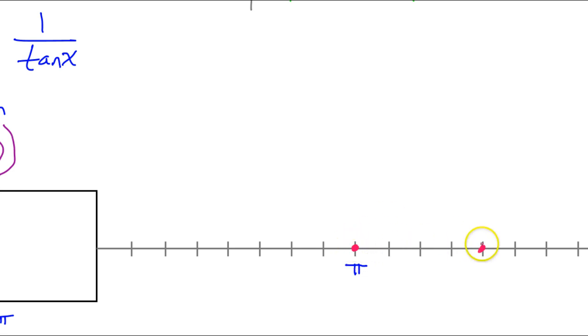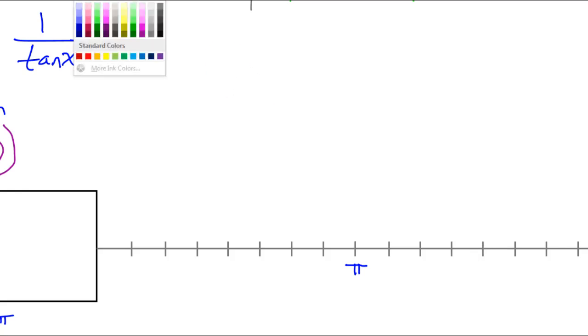Instead, they will be asymptotes, because this is where tangent is 0. And if tangent is 0, then 1 over 0 is undefined, so that's an asymptote. So instead of points here, the way we have for tangent, we will have asymptotes here for cotangent.